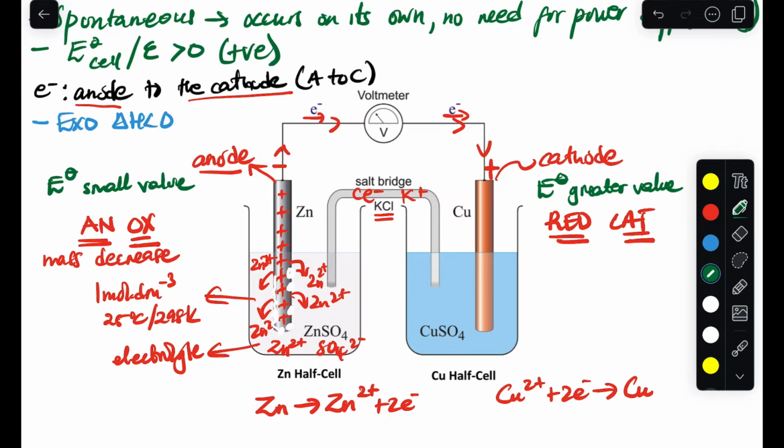Since this is more positive, according to Le Chatelier's principle, the system needs to oppose that. The negative ions will go through the salt bridge and be added there and balance the charges. So in the salt bridge, the negative ions go to the anode, right?